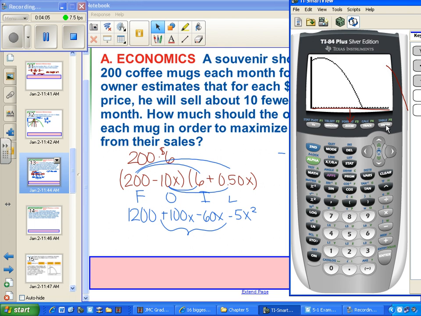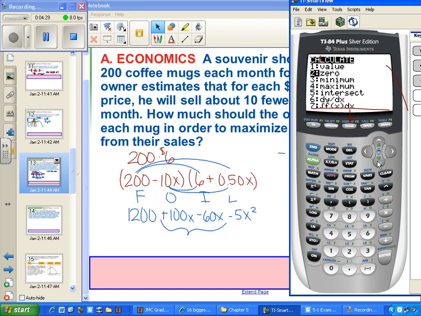Now, what we're looking for is to maximize our sales. So we're looking for this maximum point at the top of our graph. Well, our calculator can find that for us in the calculate section. So if you go second, trace, go to calculate menu. What we've done in the past is the intersection, but now we're going to be looking for the maximum.